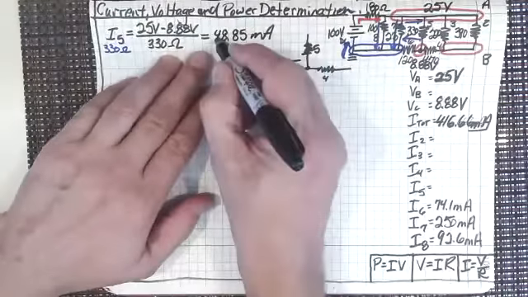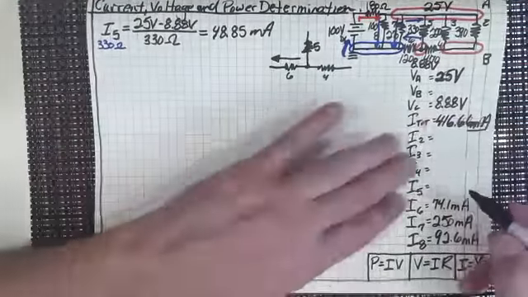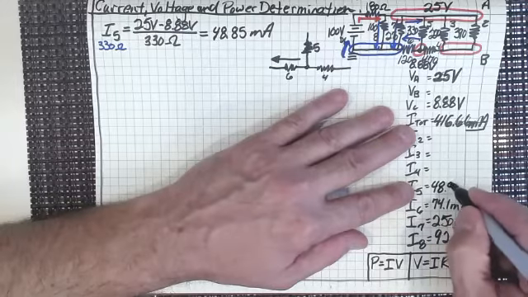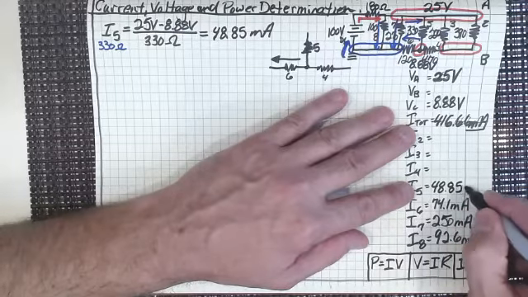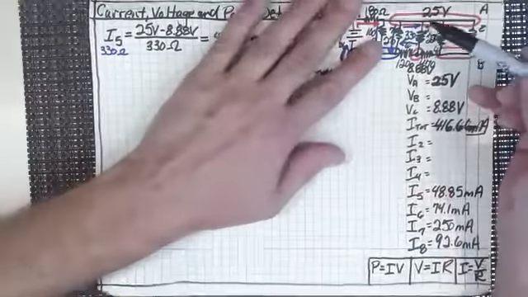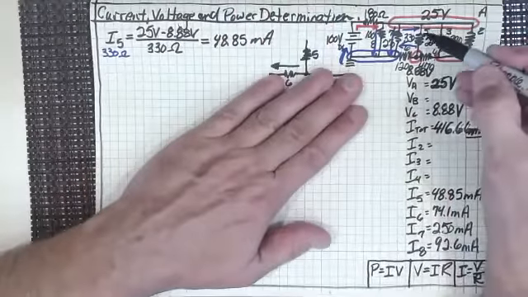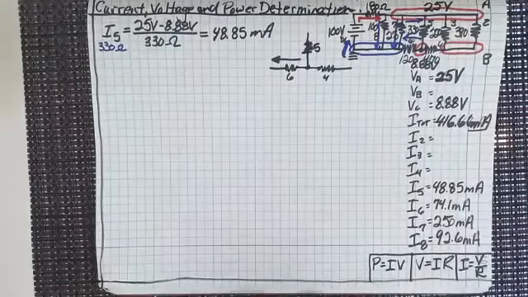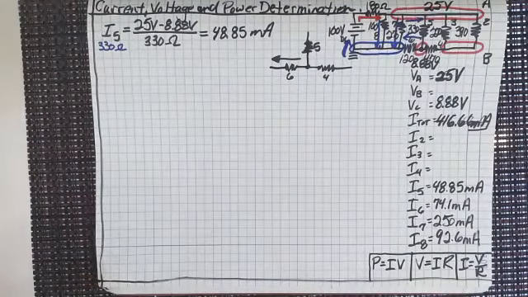So we now have I5, and we can put that in. 48.85 milliamps. Does everyone see how we got that? So we now know what I5 is, and we can draw it on here. Let's put that in blue.